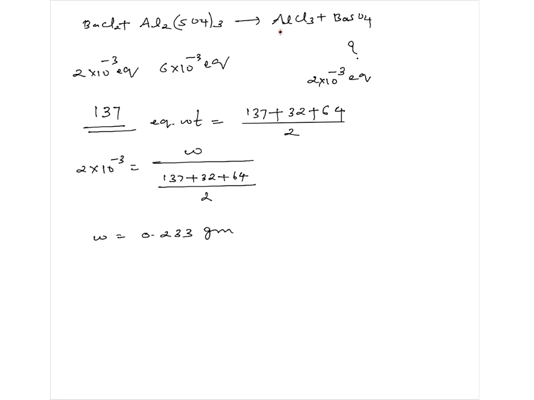If you have taken 2 milli equivalents of this, then taking 6 milli equivalents of this is actually just spending too much on it. It is not going to react this much. The thing that will be reacting is going to be 2 milli equivalents. So 4 milli equivalents are waste of this fellow.